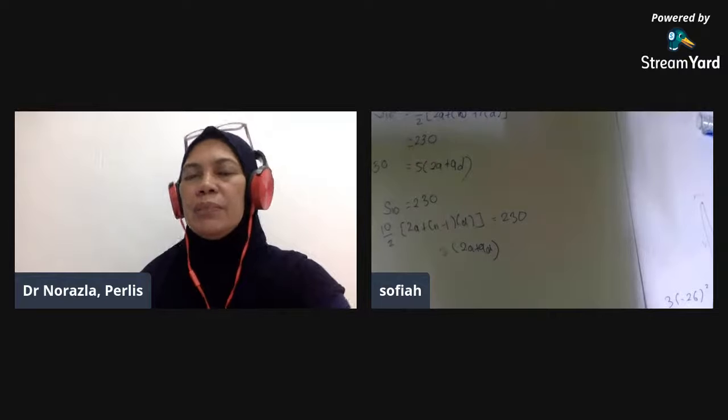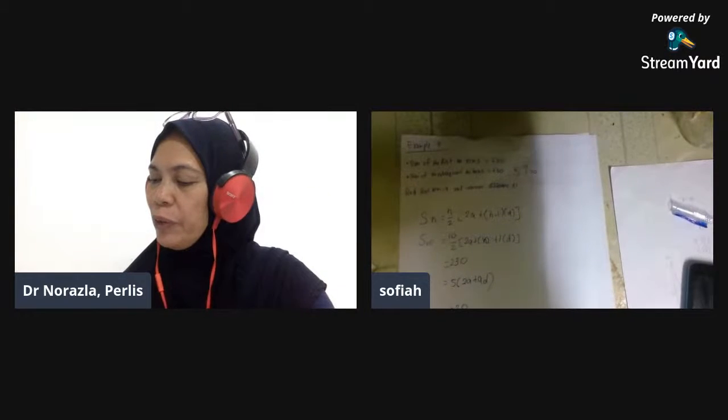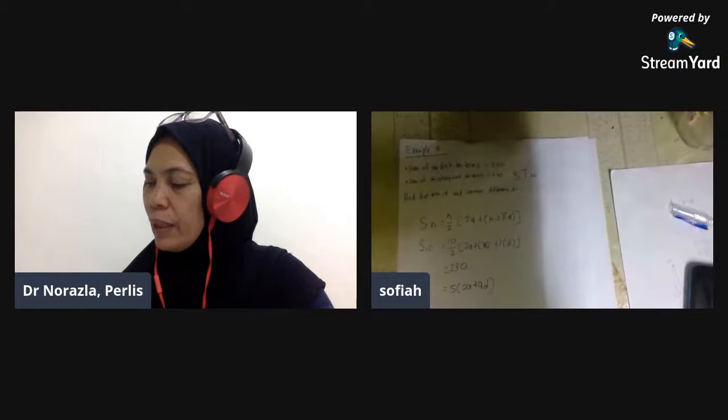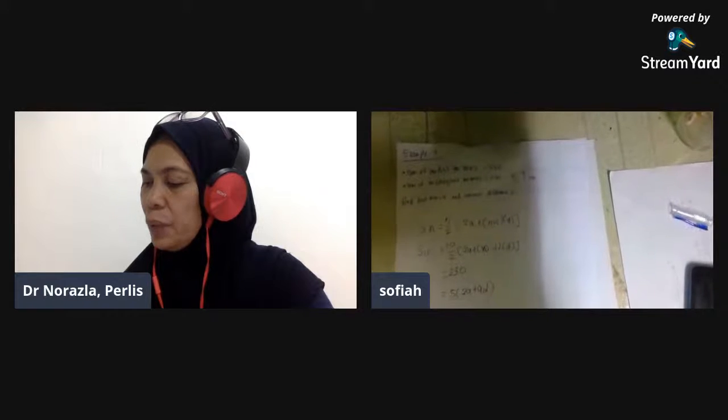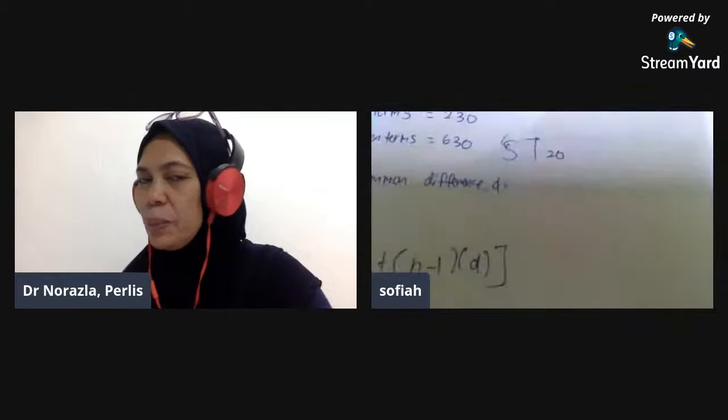Okay. So before that, bila you tunjuk the questions, you need to focus that when we are given incomplete information, like in this example, we know that the sum of the first 10 terms is 230, but we actually did not know the first term and the common difference.